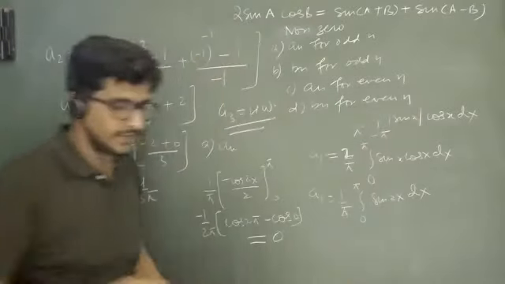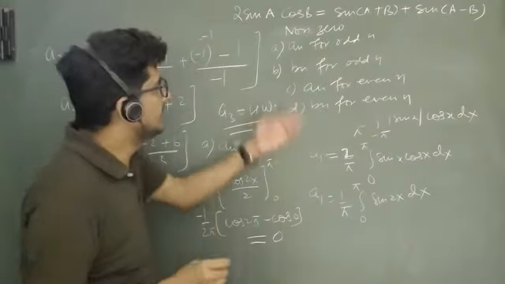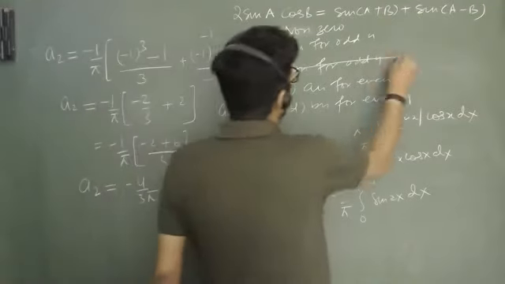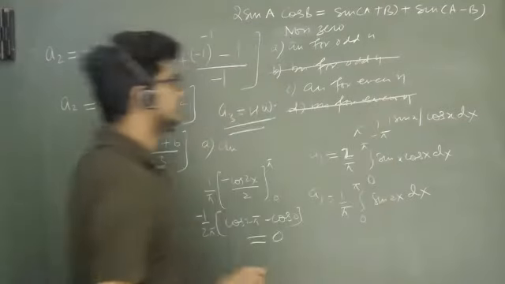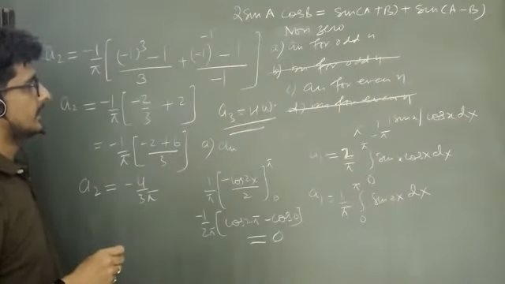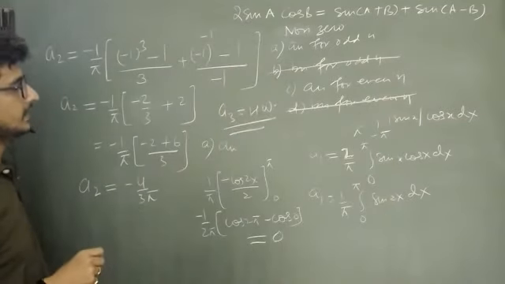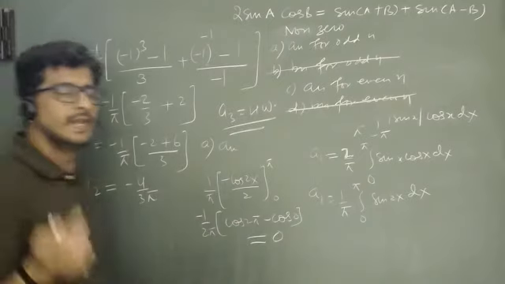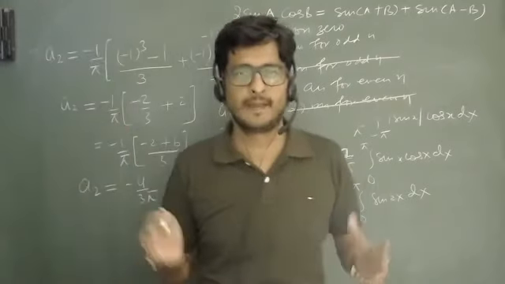Which of the terms is non-zero? So please see, bn is always zero, so these options are gone, right? Because this is an even function, so bn is always equal to 0.